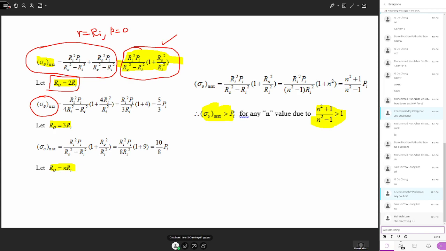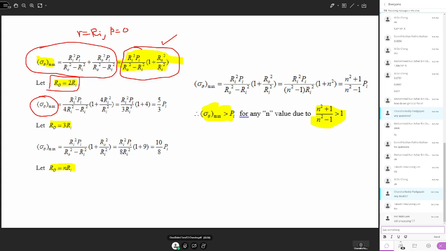That means Ro square becomes 4 Ri square. Here also we replace Ro square with 4 Ri square. So everything is in terms of Ri. Now you can cancel out. This will become 5 Ri square.